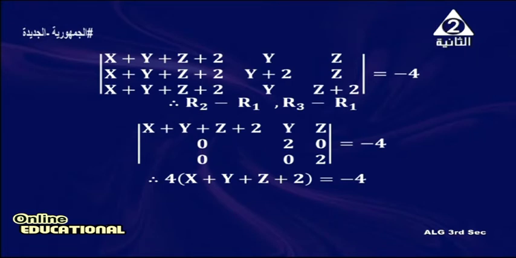We divide each term by 4, then x plus y plus z plus 2 equals negative 1, and the final answer: x plus y plus z equals negative 1 minus 2, equal negative 3. This is the value of x plus y plus z.